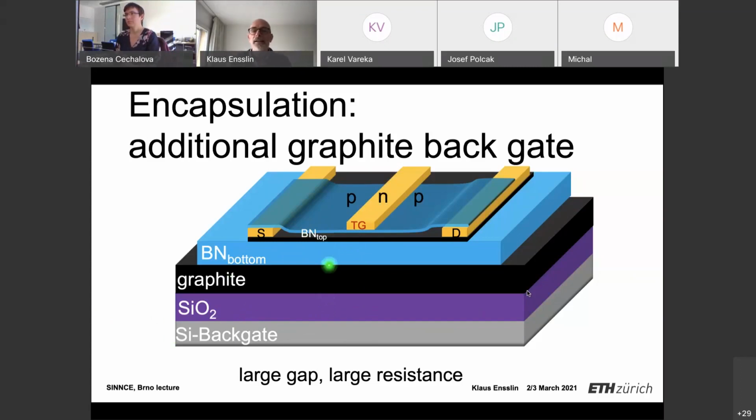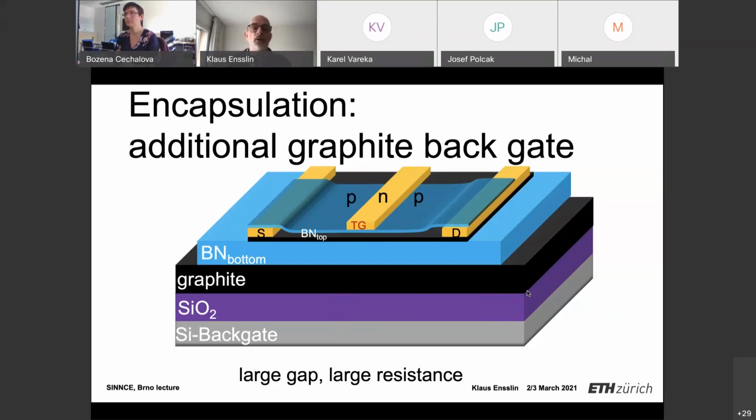Graphite, on the other hand, can be atomically flat. It has a conductance which is comparable to the conductance of the best metals. So you have a very flat conducting substrate that screens everything below, and therefore all of these potential fluctuations should at least be much weaker. That's one reason why this probably works.